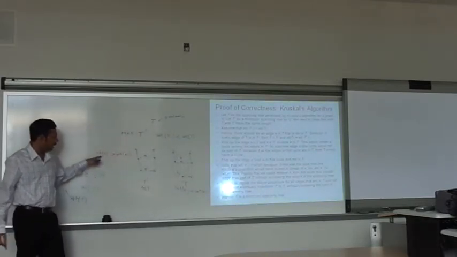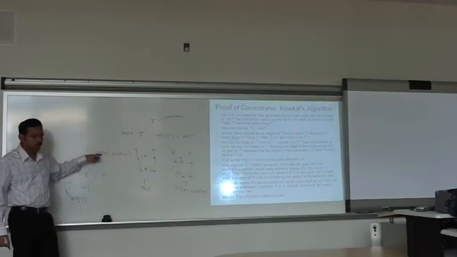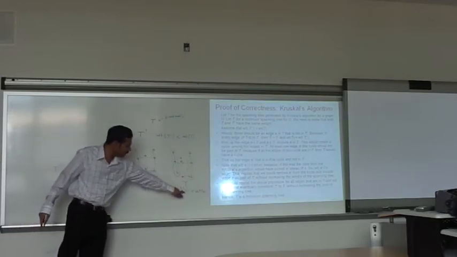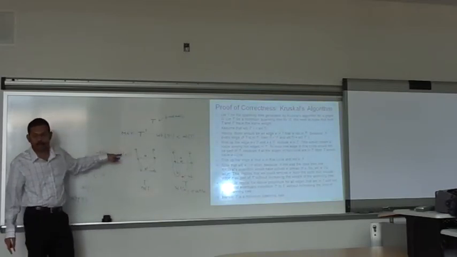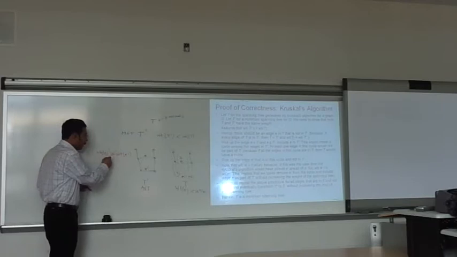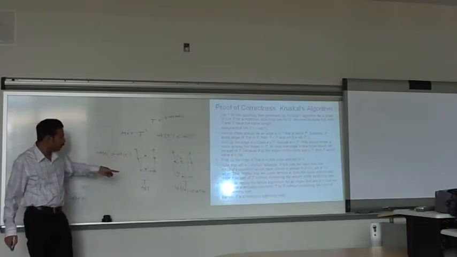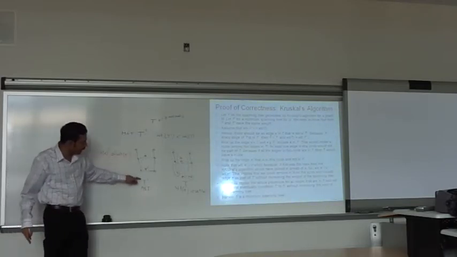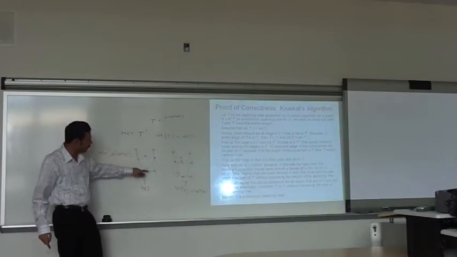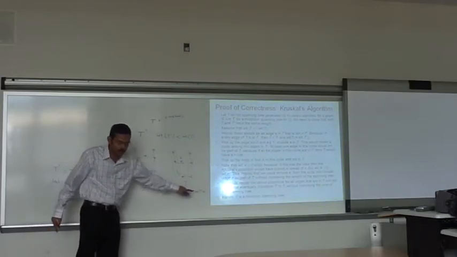Which means what we had before cannot be true. Right? Because this is the other way: the weight of E is greater than the weight of E prime. So this is not possible. Which means we can optimize this tree T prime further, since the weight of E is less than the weight of E prime.